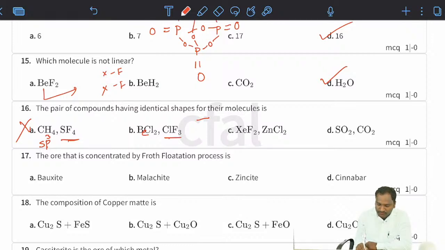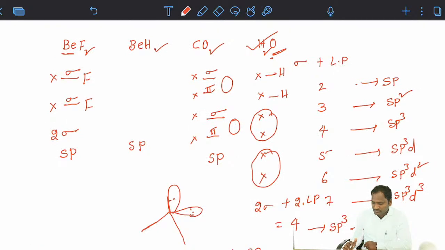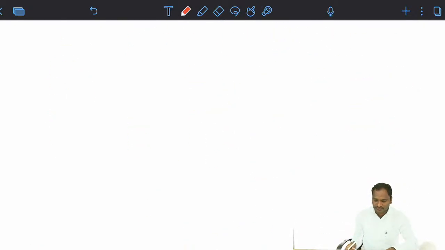So 3 sigma bonds, and the 4 electrons will make 2 lone pairs. sp3d hybridization. So I will draw the structure. This one I will explain. ClF3, 7 valence electrons.